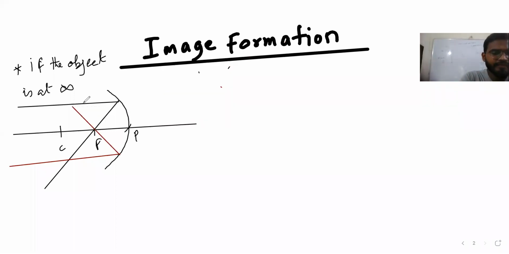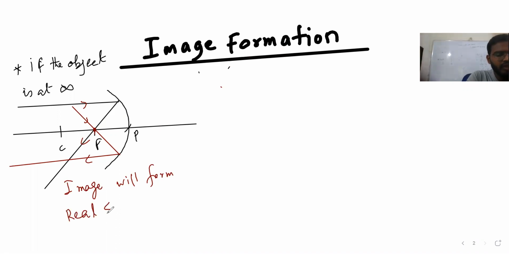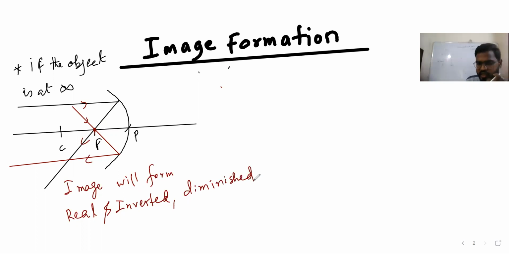So now here the image will form. An inverted image will form. First, if the object is at infinity, the image will form real and inverted, and diminished, too much small, like a point.